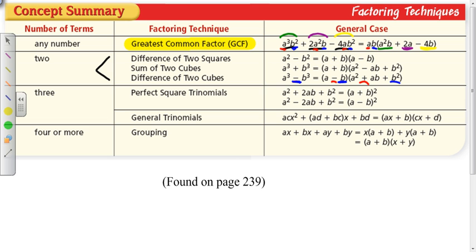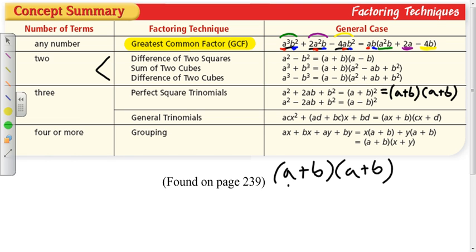Looking at some of our other ones, though, the perfect square trinomials, again, we can look at just by foiling. If we look at that, our a plus b squared is really the same as saying a plus b times a plus b. And if we wanted to FOIL out a plus b times a plus b, a and a become a squared, a and b becomes plus an ab, b and a becomes plus another ab, and b and b become b squared.